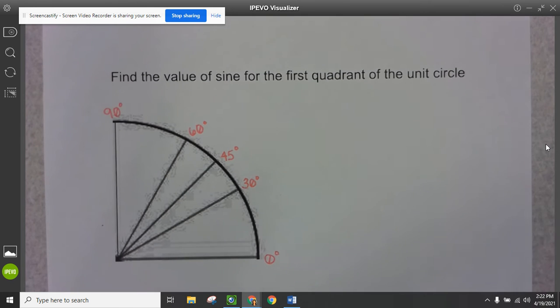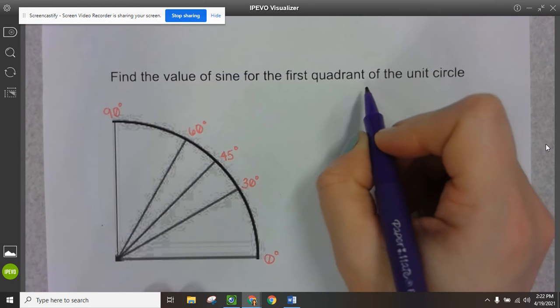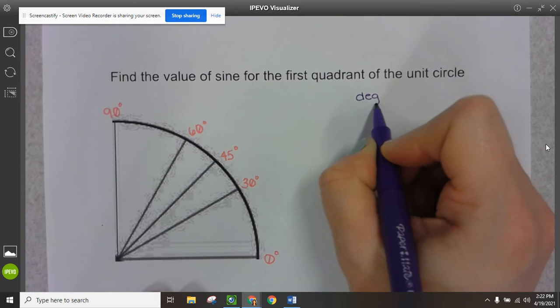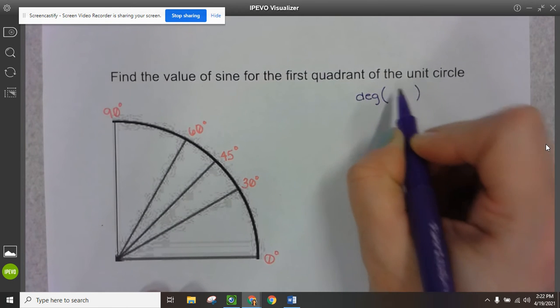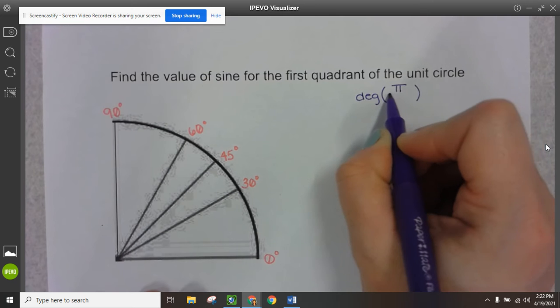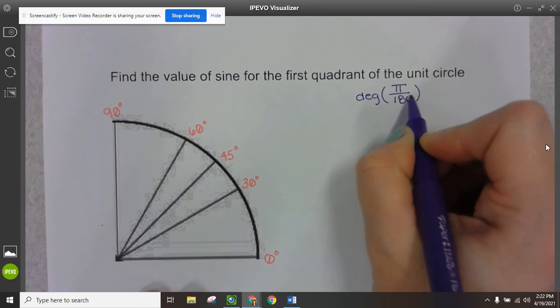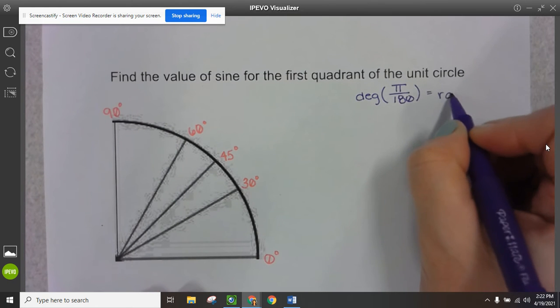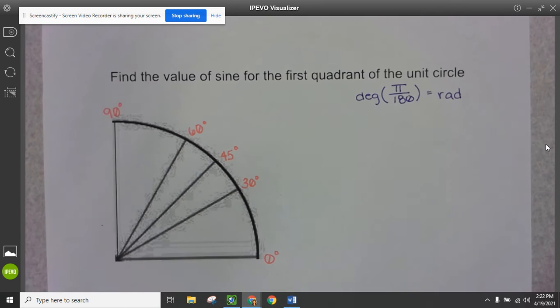So thinking back to our lesson earlier in this unit, if I have degrees, I'm going to take the degree measurement and multiply it by the fraction pi over 180. And then that fraction will give me my radian measurement. So this radian measurement is just going to be 0.